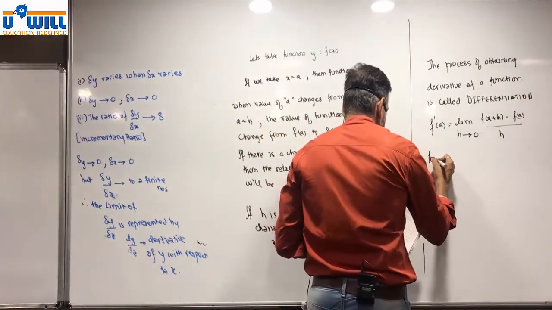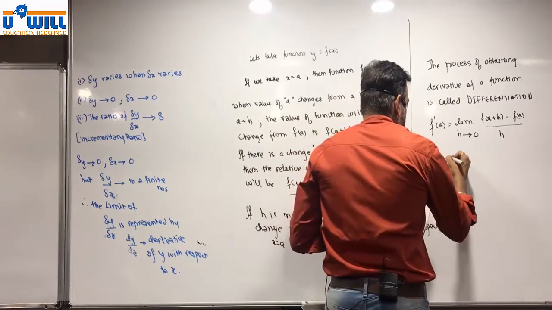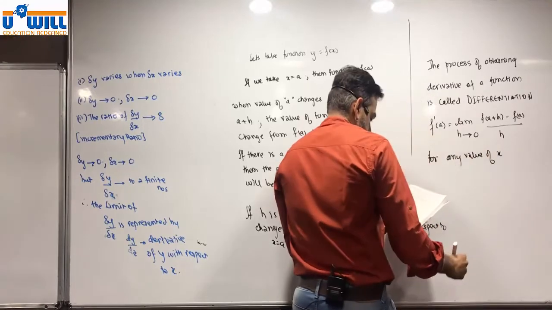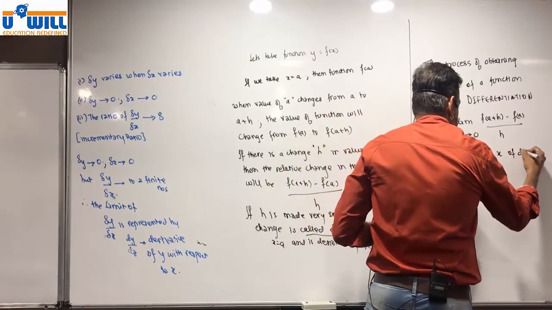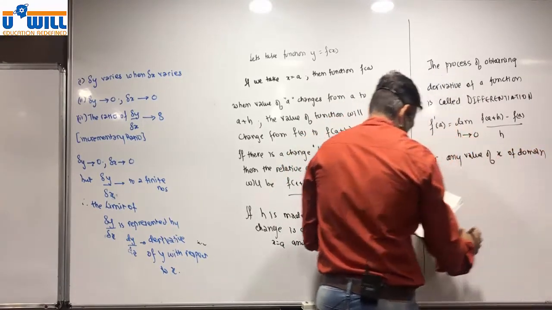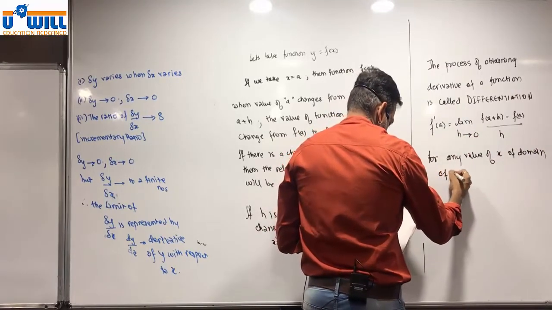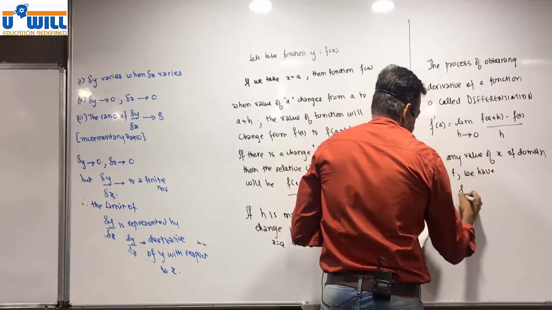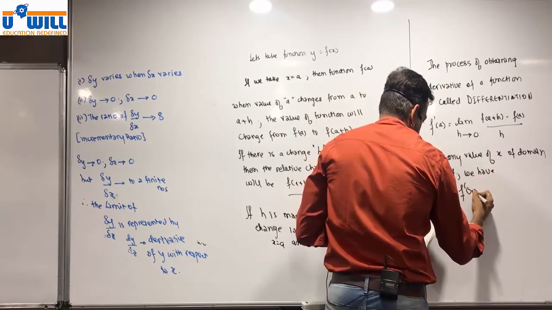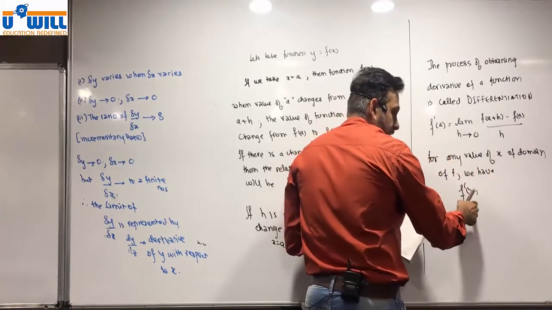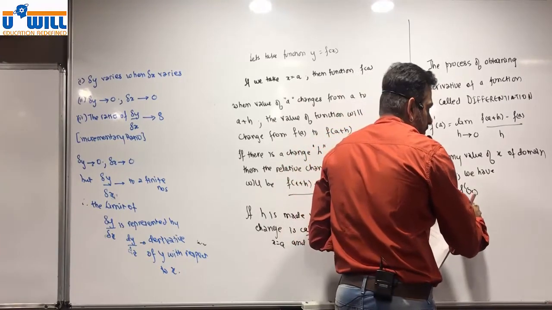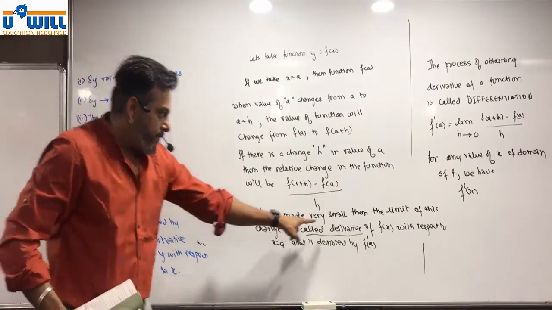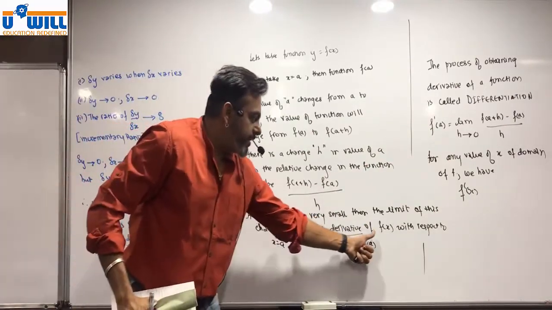For any value of x of the domain of f, we have f dash x. What is f dash x? The derivative. It was written here: the limit of change is called the derivative of function f.